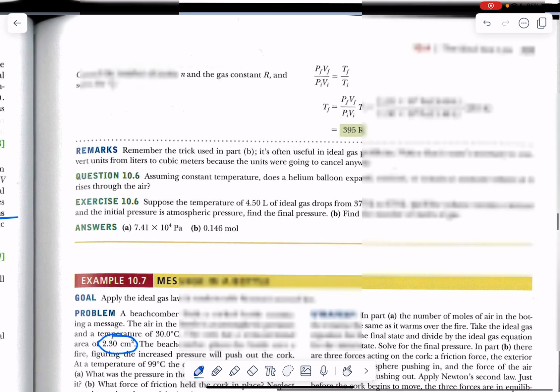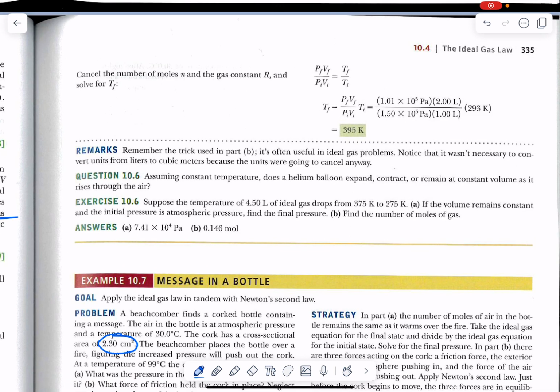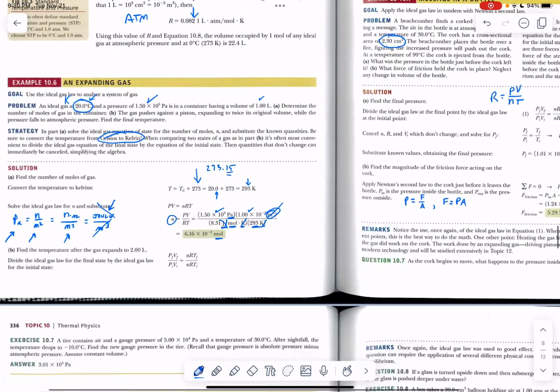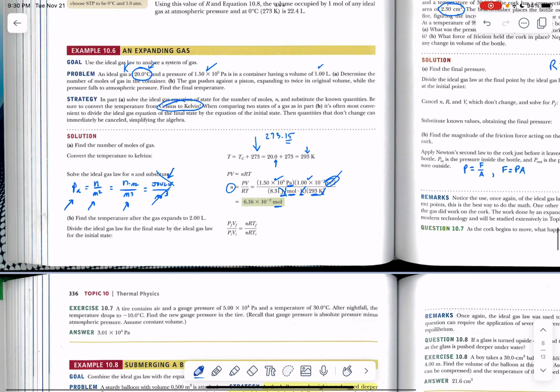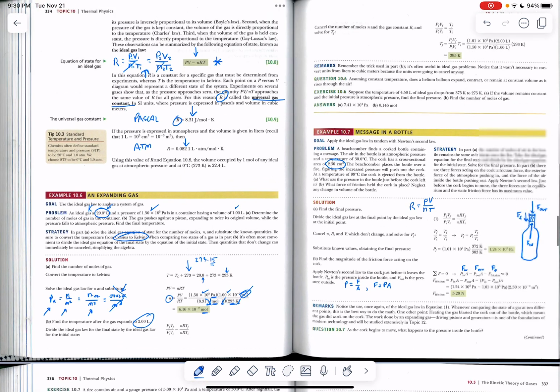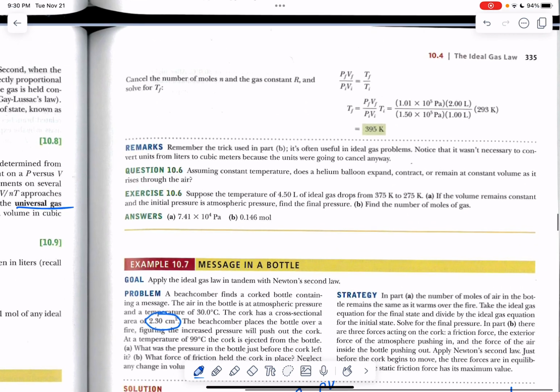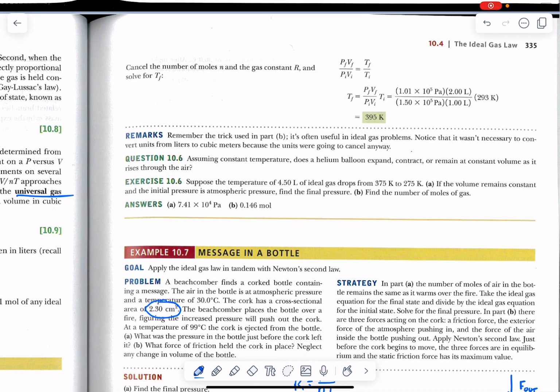We can also find the temperature in Kelvin. Let's go back and double check the problem in part B: find the temperature after the gas expands to 2 liters. So now I have a new volume, and I'm going to come up here, and again I just could have used P1V1 over n1T1 equals P2V2 over n2T2.